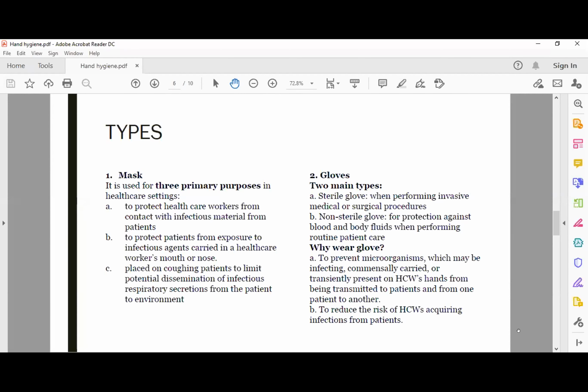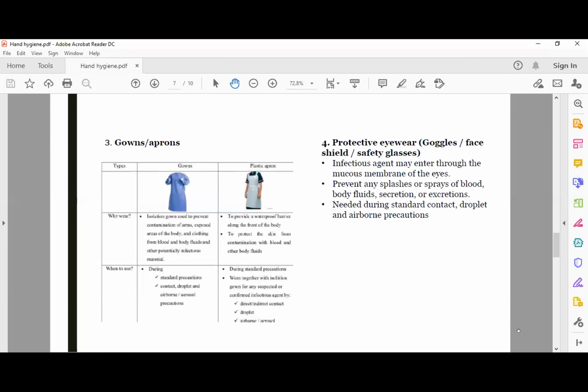So next is gowns or plastic aprons. Gowns are used to prevent contamination of the arms, exposed areas of the body, and clothing from blood and body fluid and other potentially infectious material. It is used during standard precaution.